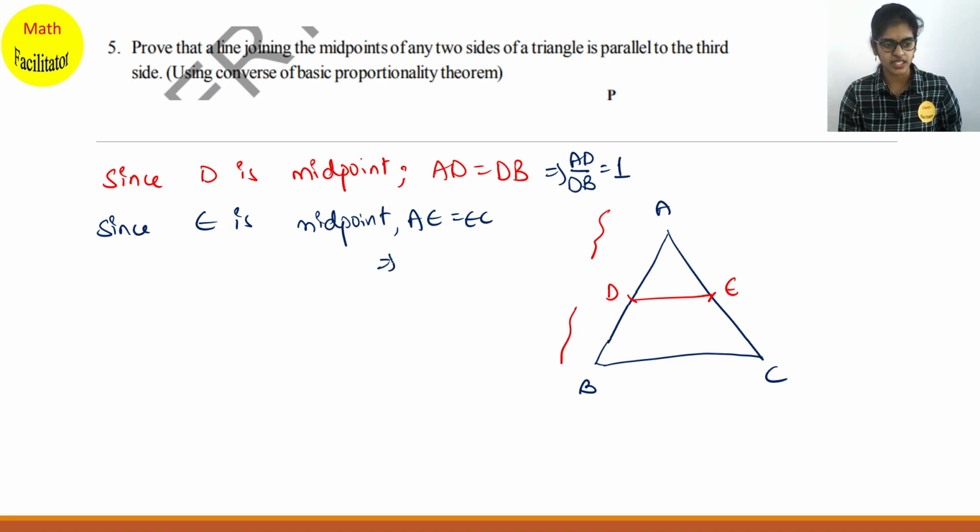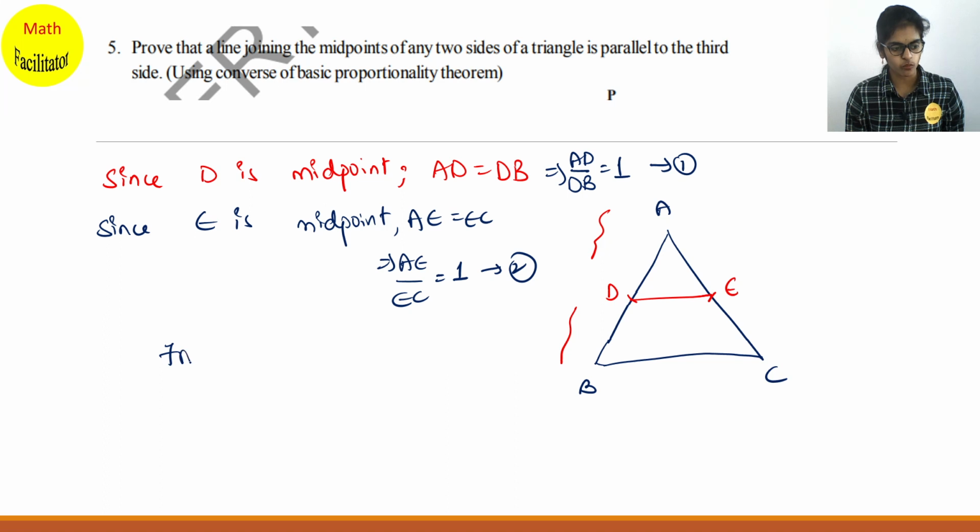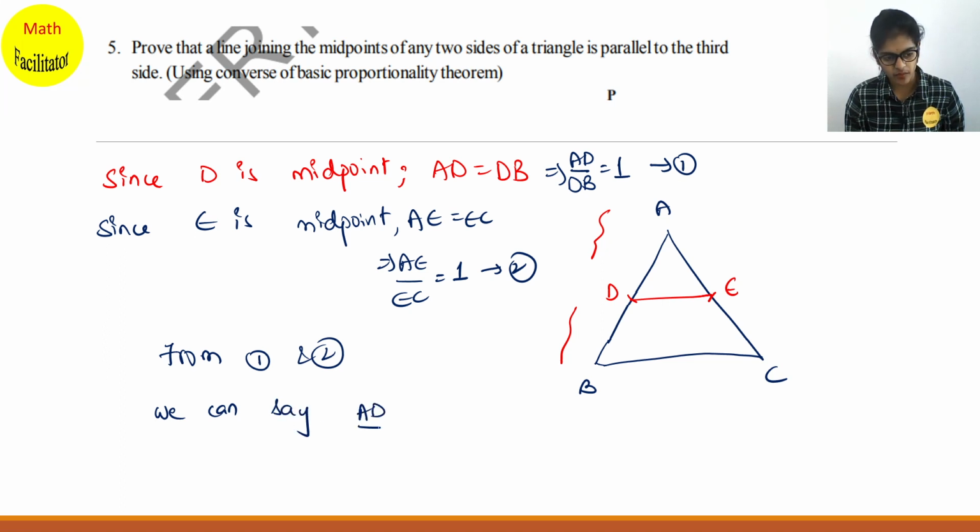So here also let's take the ratio. AE by EC is what? AE by EC is 1. Let this be equation 1, let this be equation 2. So from 1 and 2, both are equal to 1. We can say AD by DB is equals to AE by EC.